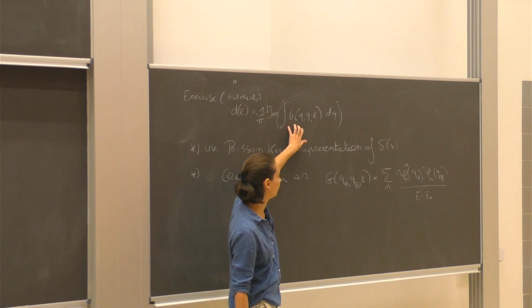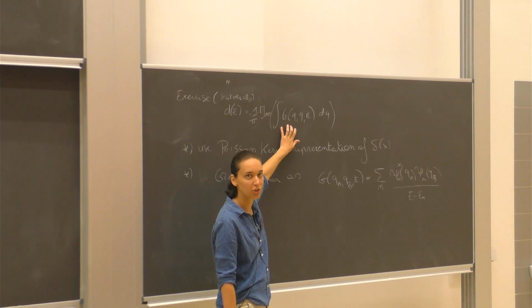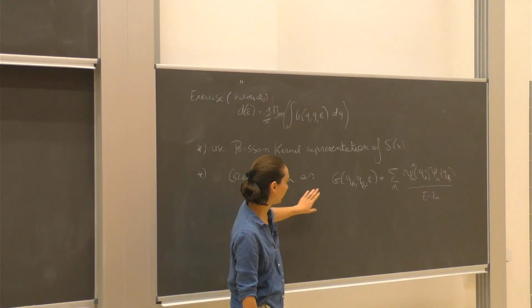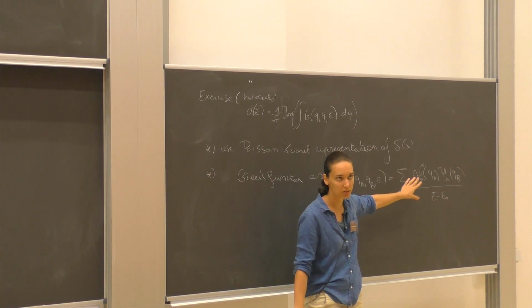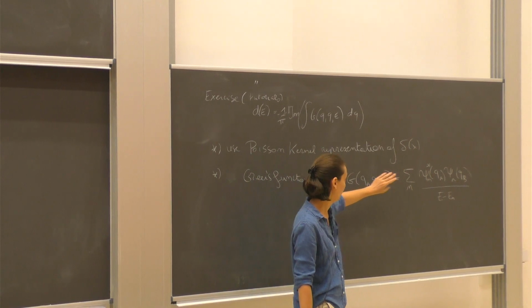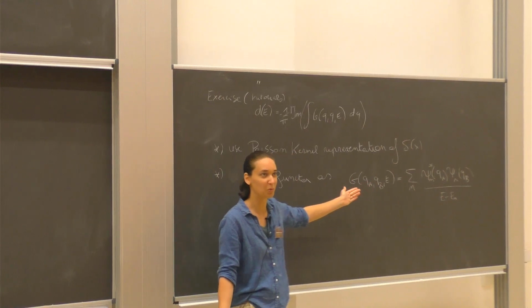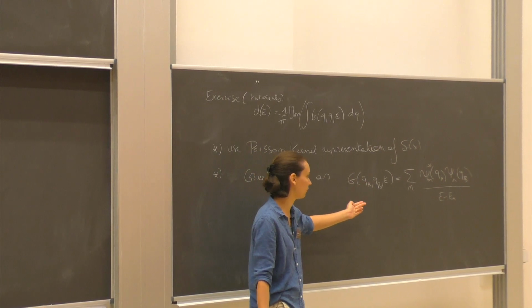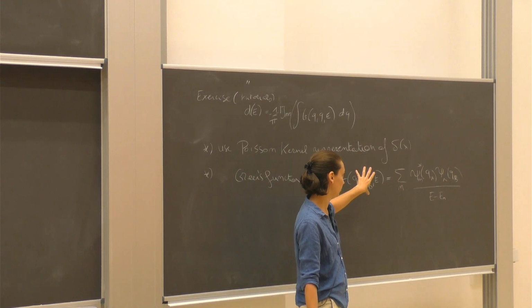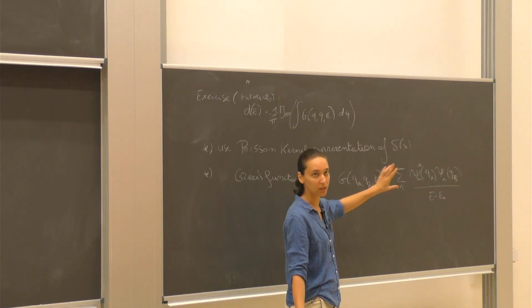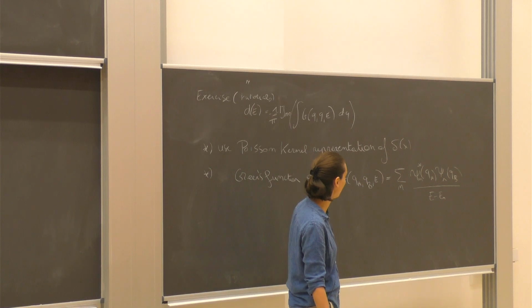But the main point is that we want to use this formula here for the total density of states, where this guy here is the Green's function of the problem. So I wrote here one representation of this Green's function. That's not the one we'll be using. We'll be using the more usual one that you may be familiar with, in that it has to be a solution to the inhomogeneous delta function sourced wave equation.